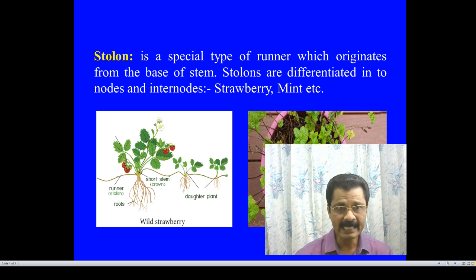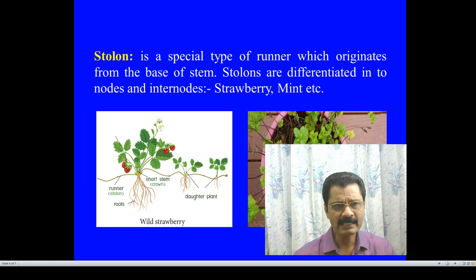But here in the case of stolon, the lateral branches arise from the basal node of the mother plant and grow upwards for a certain period, and then obliquely grow downwards and touch the soil. And in the soil, under favorable conditions, from the nodal region it produces adventitious roots and above, the shoot system. The typical examples are strawberry, and the second one is mint plant.